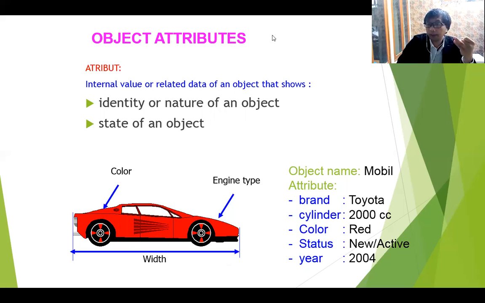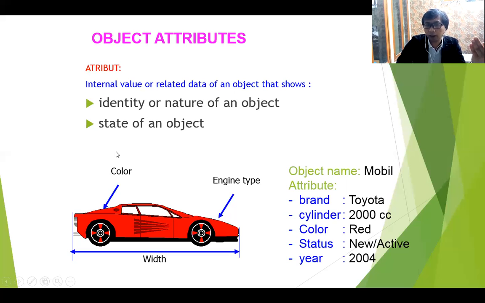Let's say you have color. Color can be an identity of an object. If I have a car object, then the identity of this object would be the color of the car object, the brand of the car object, the style, and the cylinder type of this car object.